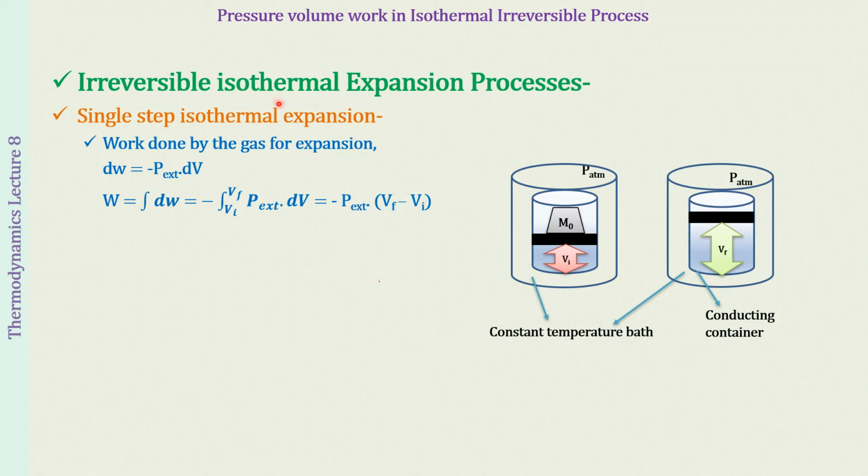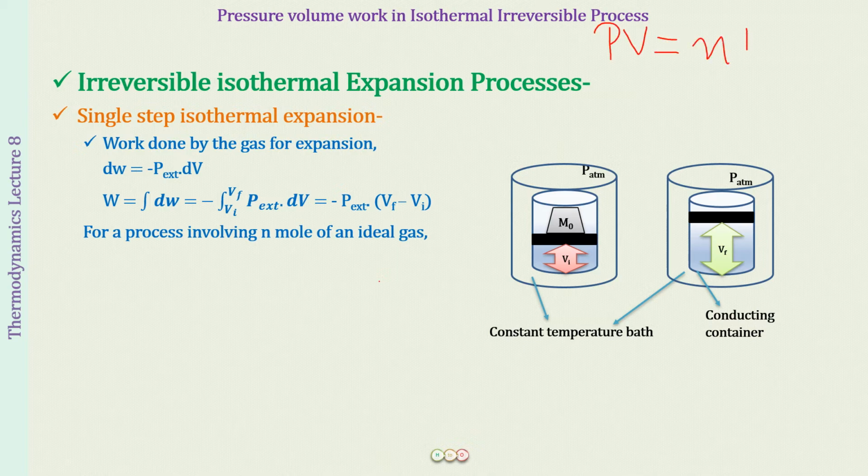So what will happen when the temperature is going to be constant? Let us understand that. Here we have a vessel in which we have taken a gas. Let it be n moles of an ideal gas. If it is an ideal gas, we can apply the ideal gas equation PV equal to nRT.